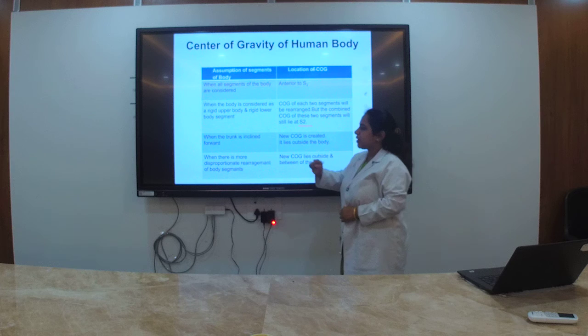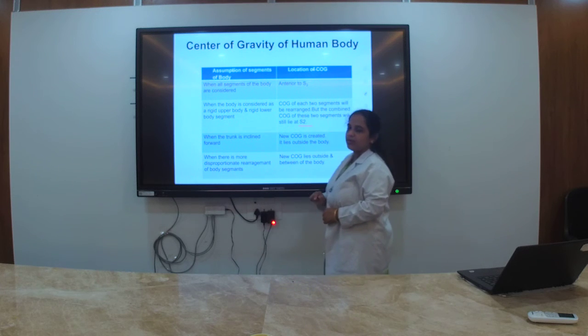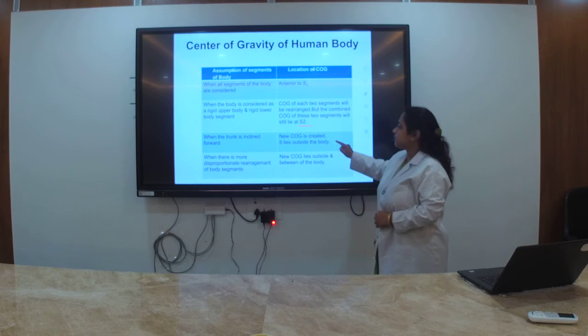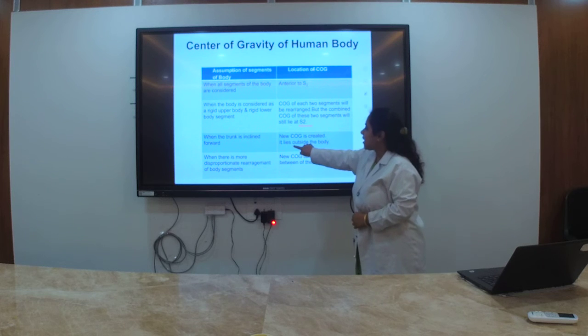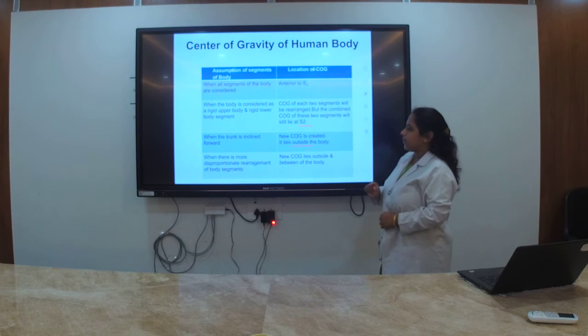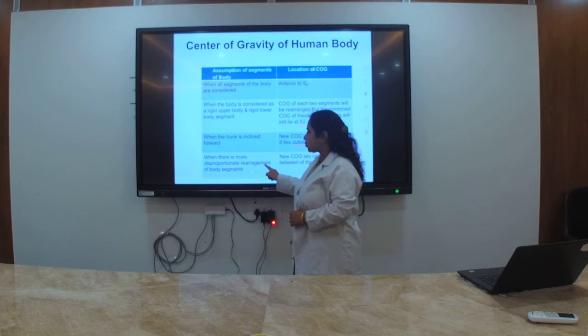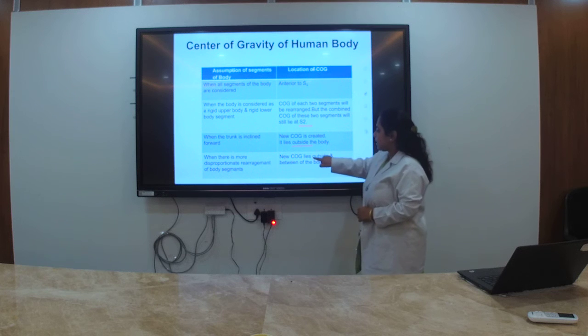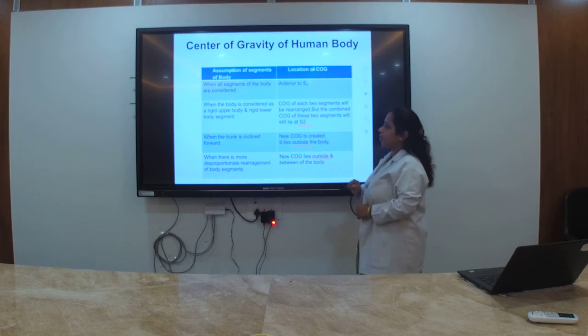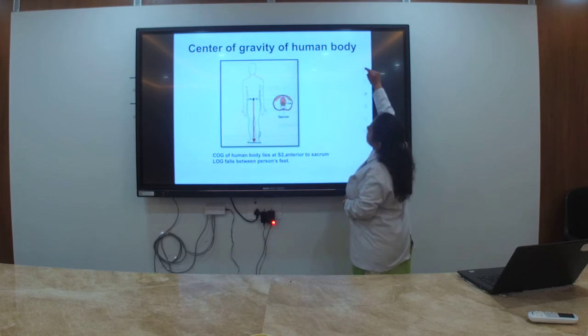The third assumption, when the trunk is inclined forward, the new COG is created and it lies outside the body. And the fourth assumption, when there is more disproportionate rearrangement of the body segments, the new COG lies outside the body. Now let us see the examples.